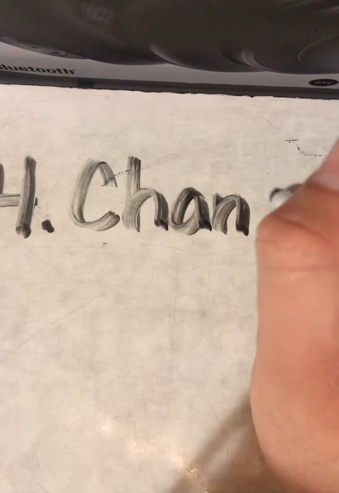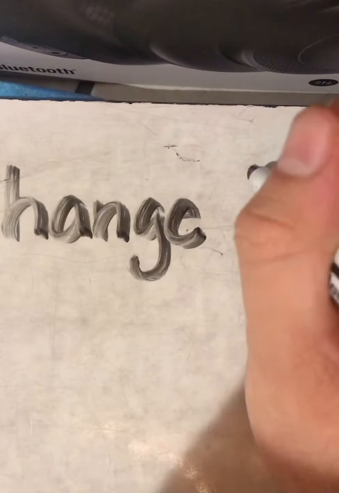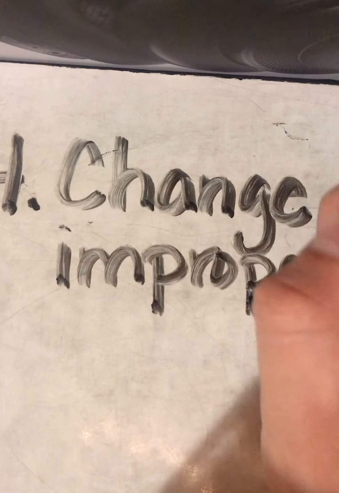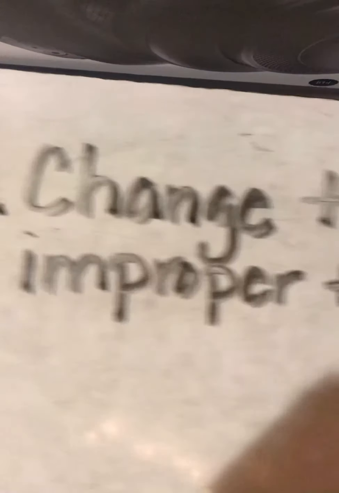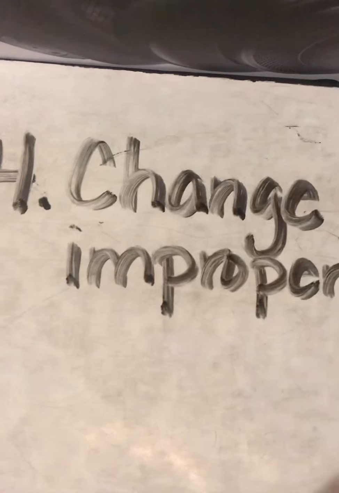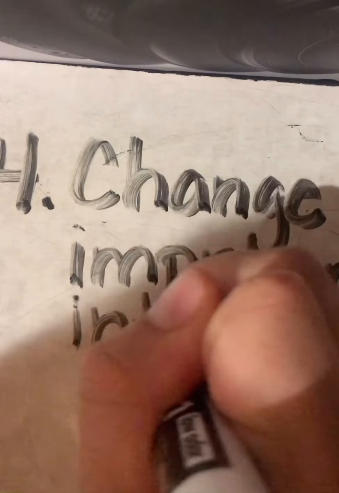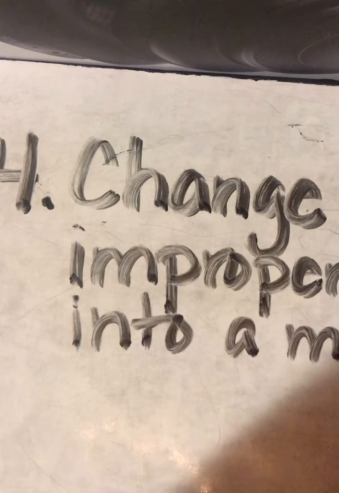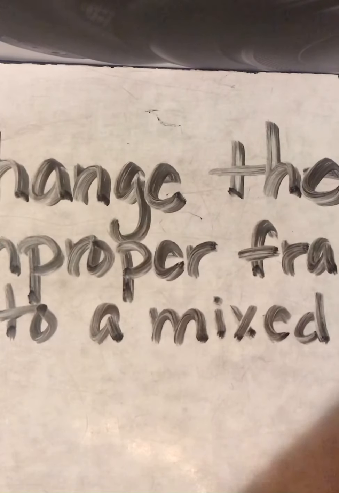Wait, so today we're doing step 4 from multiplying mixed numbers, and step 4 is really easy. Step 4 is to change the improper fraction into a mixed number.